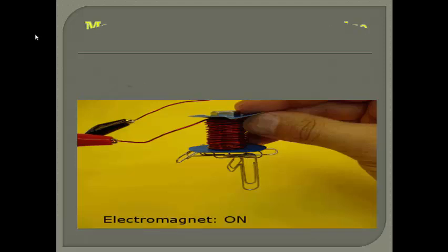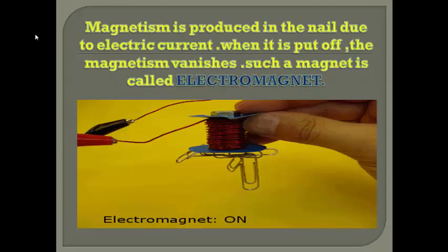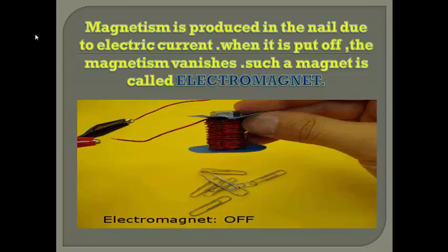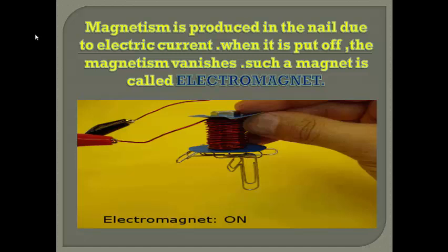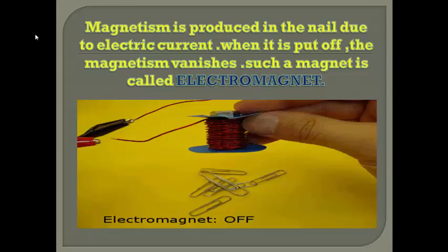Why does this happen? Magnetism is produced in the nail due to electric current. When it is put off, the magnetism vanishes. Such a magnet is called an electromagnet.